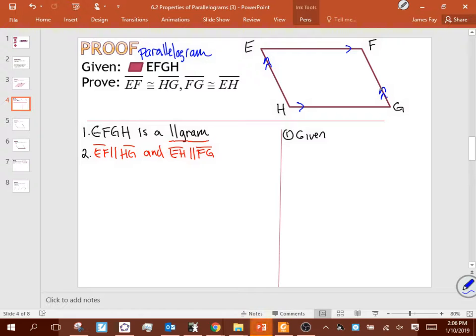Now, there are already a lot of transversals up there. For instance, EH would be a transversal for the top and bottom parallel lines, right? And you can keep doing that all the way around the picture; each one of those 4 segments is a transversal for 2 respective parallel lines. However, none of those give us any information that we need.